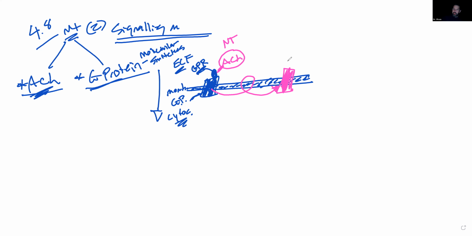This other enzyme. In this scenario, we're not going to do an in-depth discussion on this, but this enzyme we'll call adenylyl cyclase.